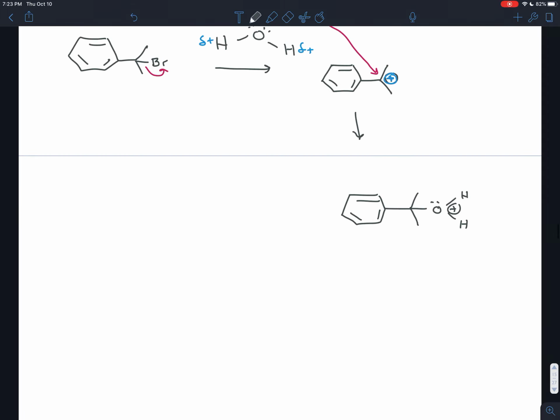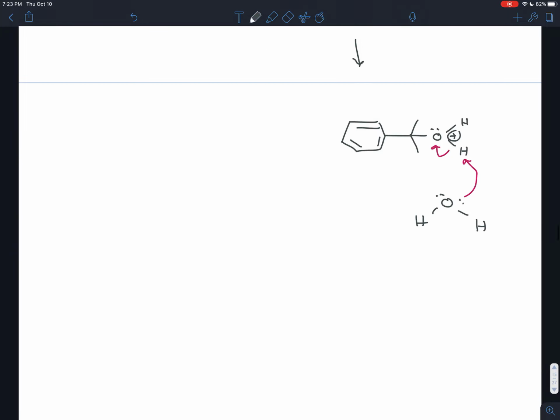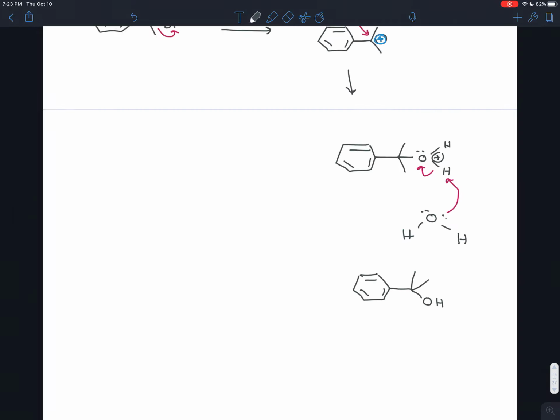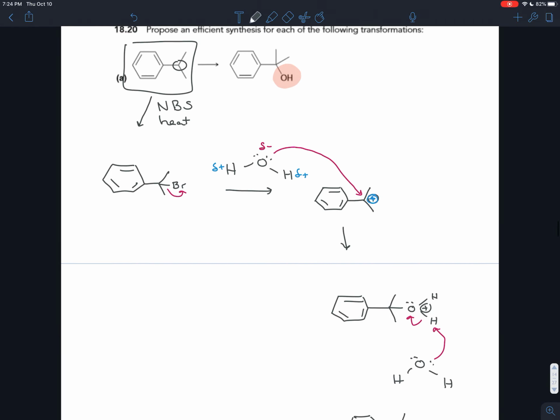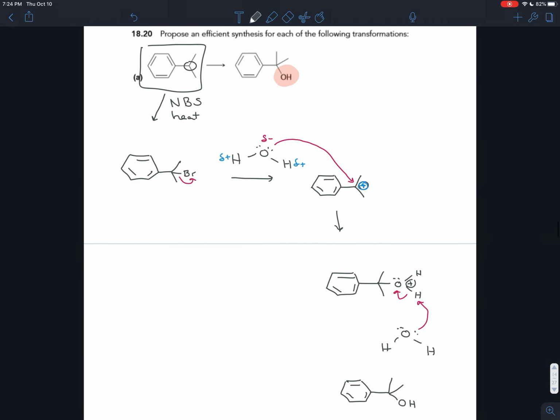And all that needs is to lose one of its hydrogens to be a little bit more stable, and another water knocking into it hard enough is able to get that done. So that steals that hydrogen, this goes onto the oxygen there, and you're left with what you wanted, your original molecule there.